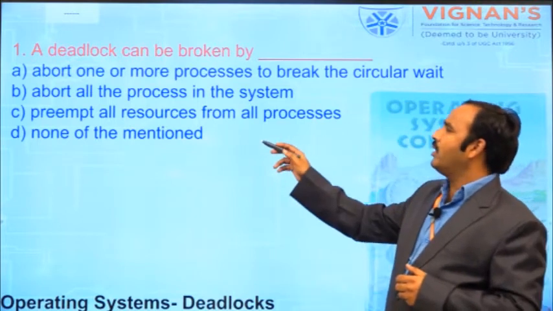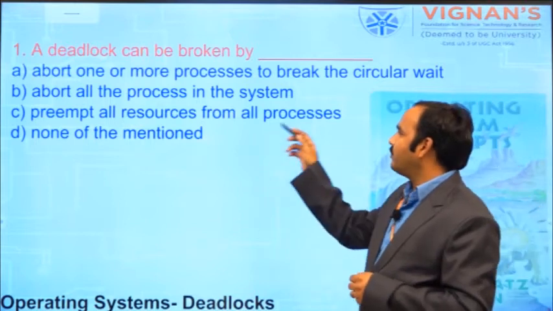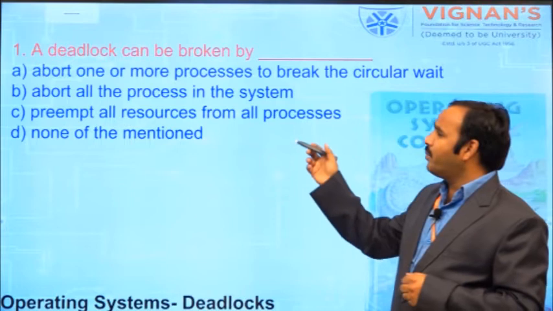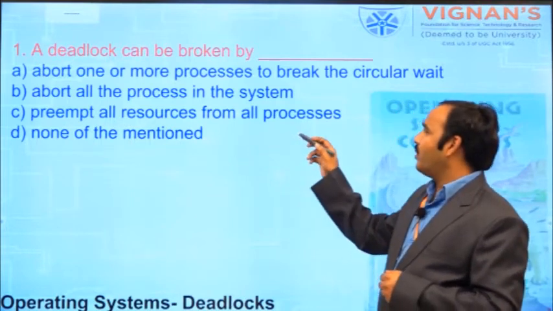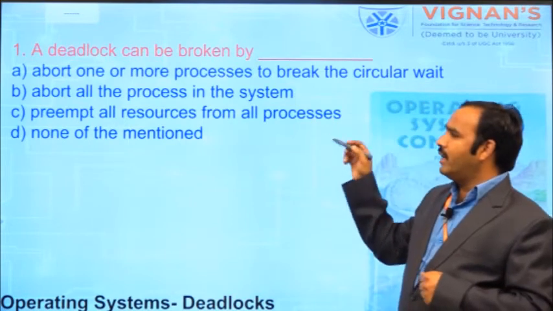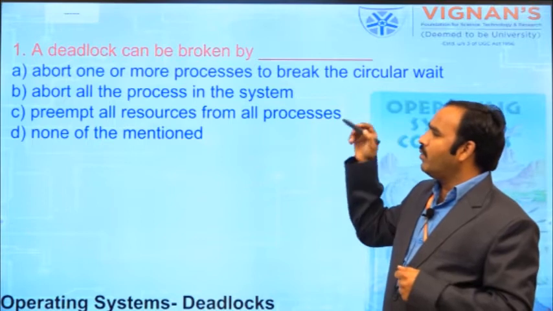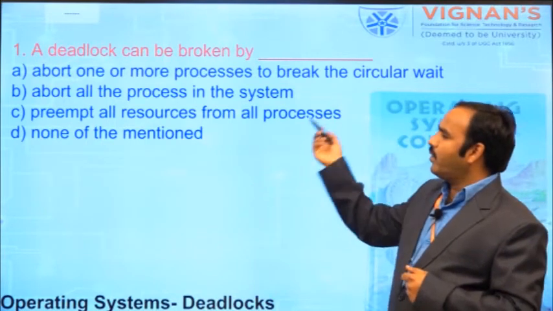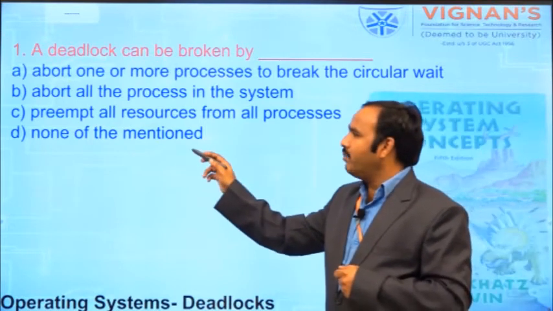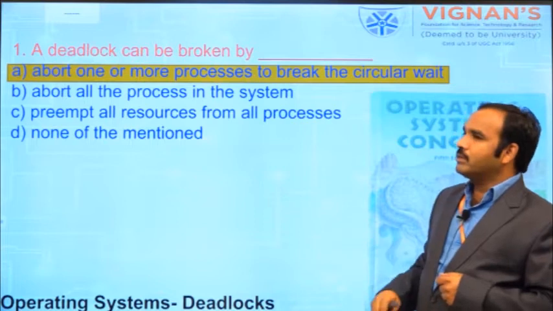C, preempt all resources from all processes. That is also not correct, because we are not preempting all resources from all processes. Only the processes involved in the deadlock take part in the recovery, and other processes are not involved. D, none of the mentioned. So, the correct option is A.